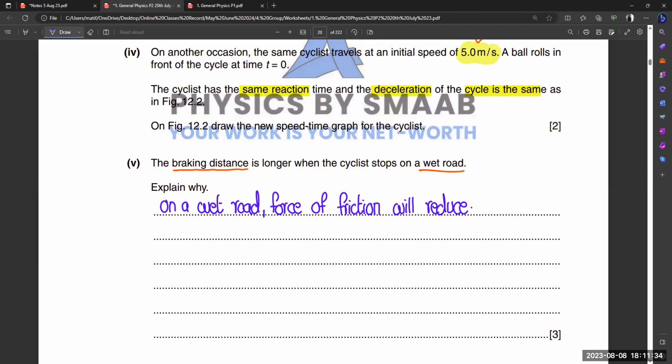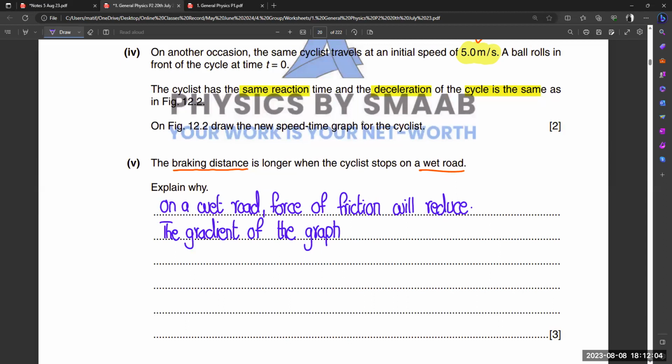Less steep. So in this type of question, try to find points related to the diagram or related to the graph, right? So we can also say that the gradient of the graph will be less steep, but that doesn't explain why.